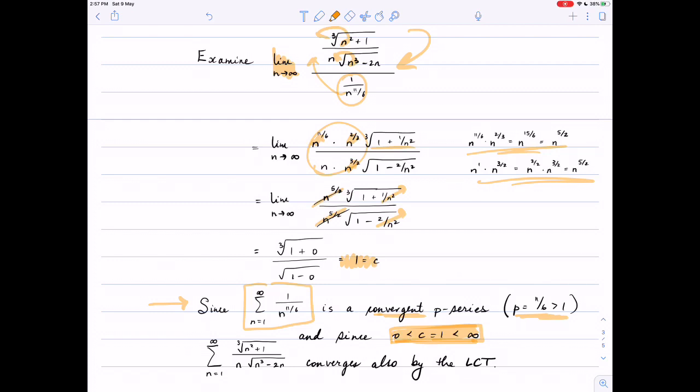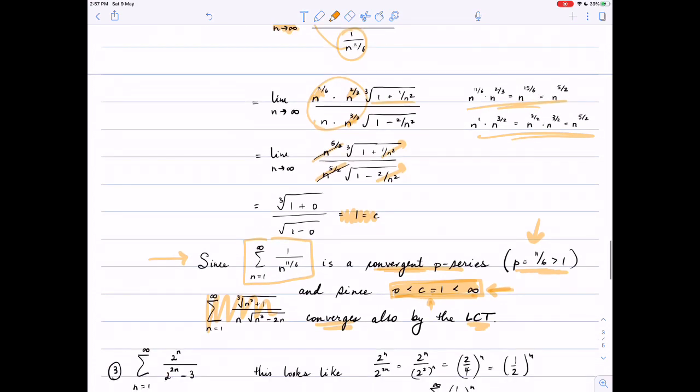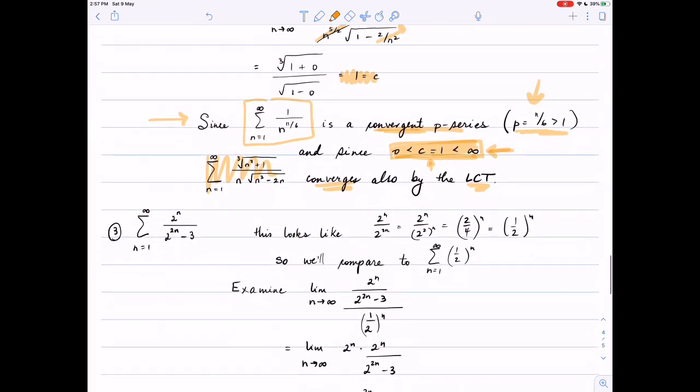So this is a convergent p-series. Why? Because it's this. And since this was the result of our limit, which was necessary for the limit comparison test, since we have c equals 1, which is between 0 and infinity, our original series converges by the limit comparison test.